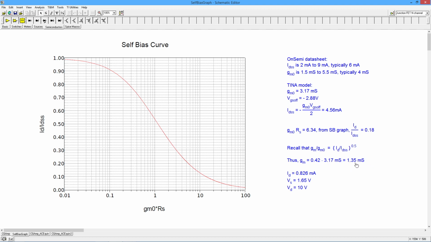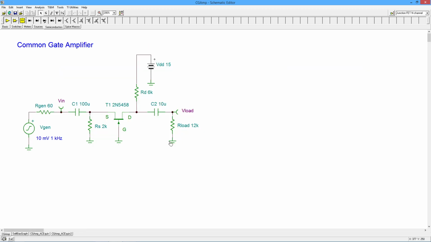Now, knowing that we have about 0.8 mils, we can go back in and check the DC voltage values in the circuit. If I have a little over 0.8 mils, you put that through a 2K, you're going to get a little over 1.6 volts. So I would expect the source to be sitting at about 1.6 and change.